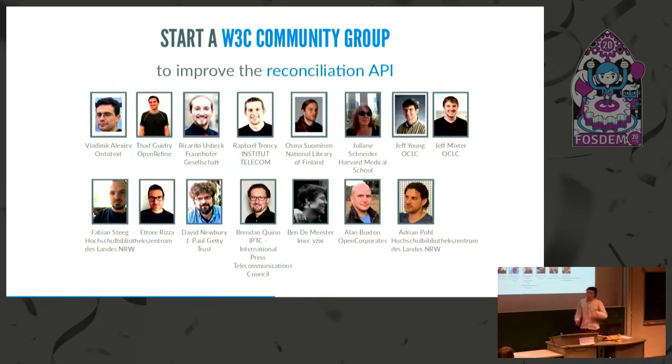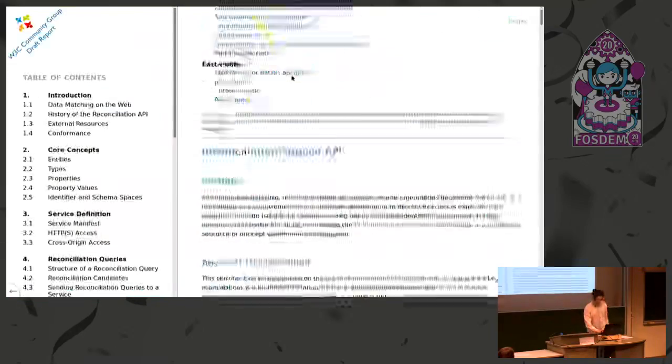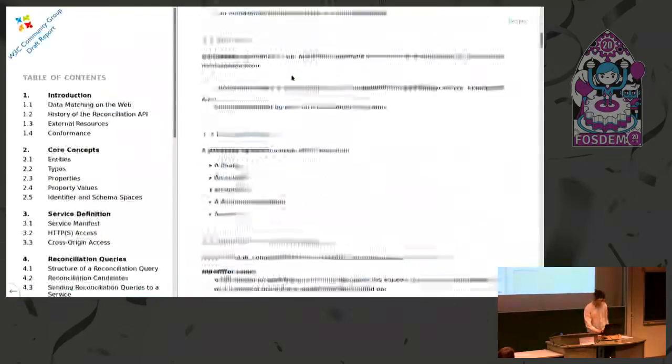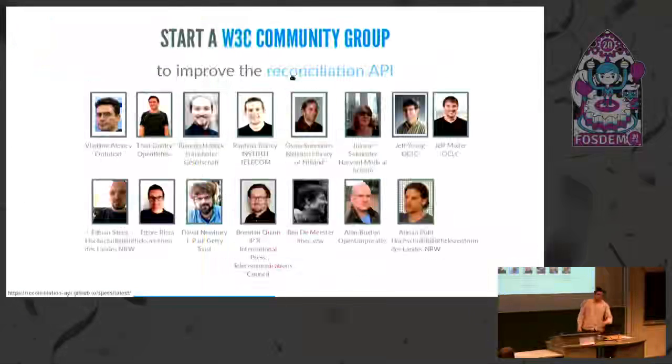So we're trying to bring that to a better level and document it properly. I can just show you a quick demo of what the specs look like now. It looks like properly nice W3C specs. And a lot of people who got involved in the group also started contributing to the tool itself, so it's great.